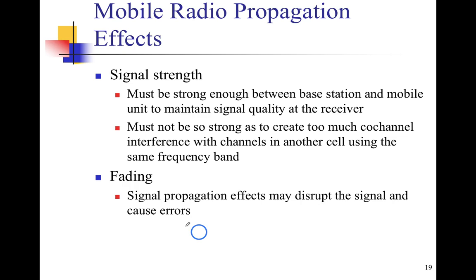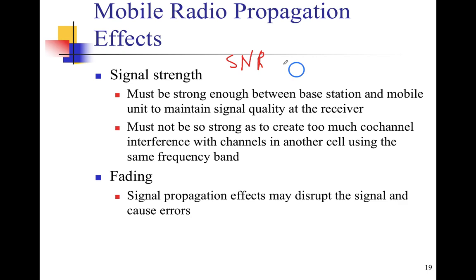Okay, this is about mobile radio propagation effects. Signal strength, we have learned this one. It must be strong enough between the base station and mobile unit to maintain signal quality at the receiver. If you remember, this is the SNR, signal to noise ratio.